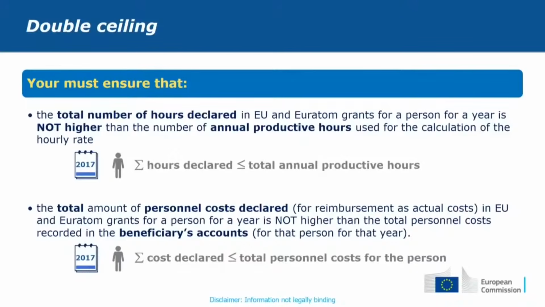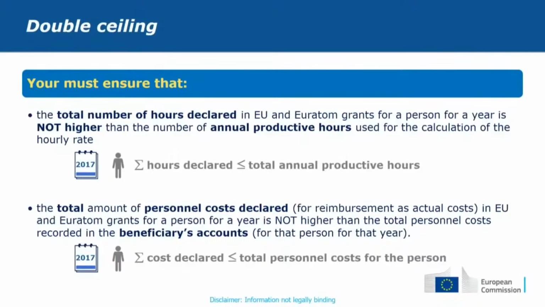Even if in reality, for whatever reason, the person works more hours. It is irrelevant, because when you divide by 1720 and multiply by 1720 again, it implies that you have already charged the full personal cost of this person in that year to EU grants. That's the reason why, even if the person works more hours, you have to stop declaring them to EU grants.